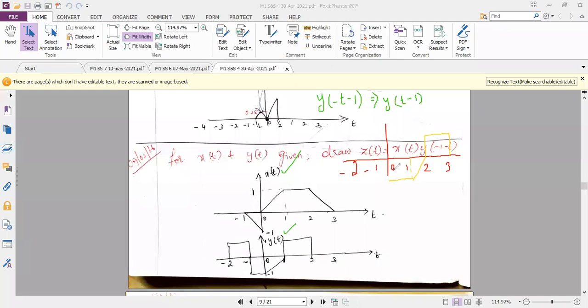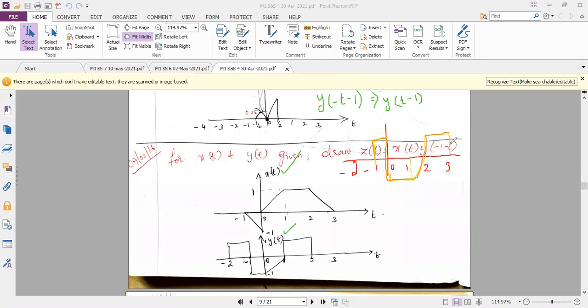Like that I have to maintain it, and then it goes to 0. Then I have to go to the top above the x-axis, and I will complete the diagram like this. So is the diagram correct after shifting? Yes, ma'am.